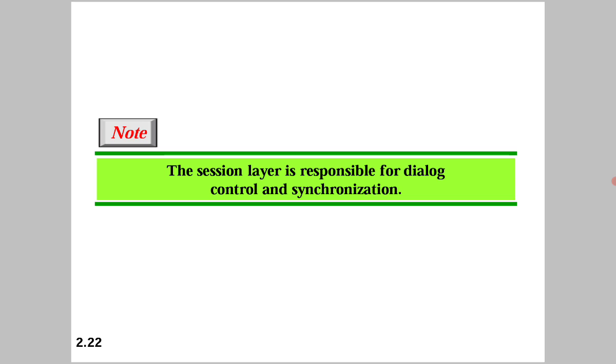What is a session? Session means connecting to the internet or establishing connections. The session layer is generally used to establish a connection on the network between various hosts. To establish connections and to remove connections we use the session layer.